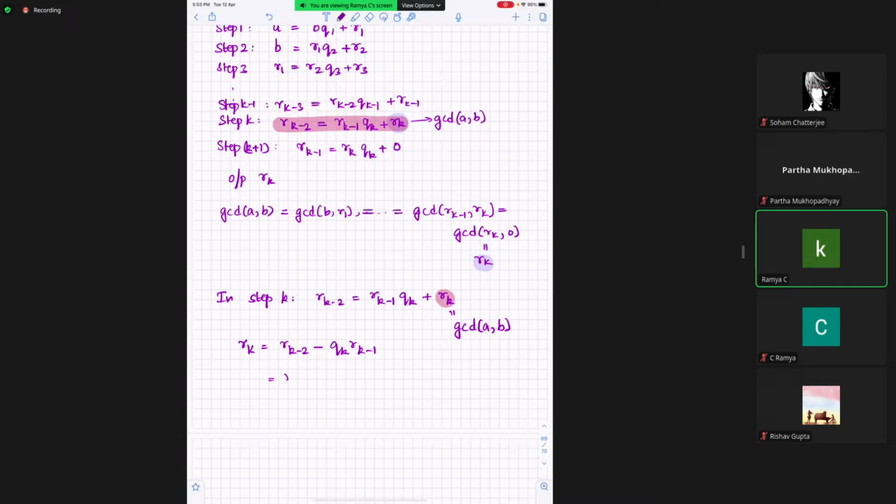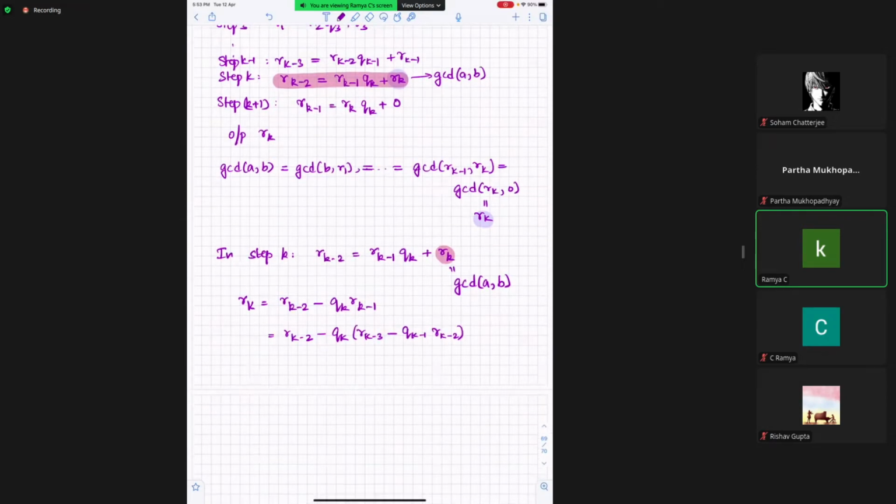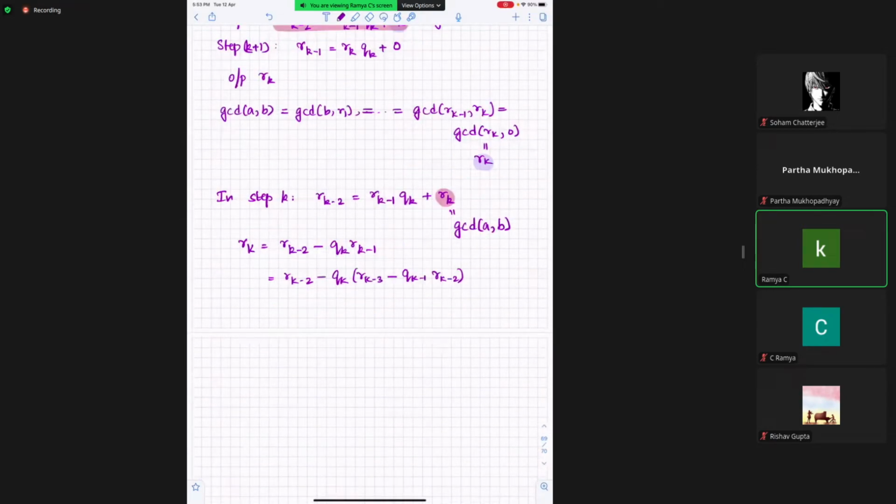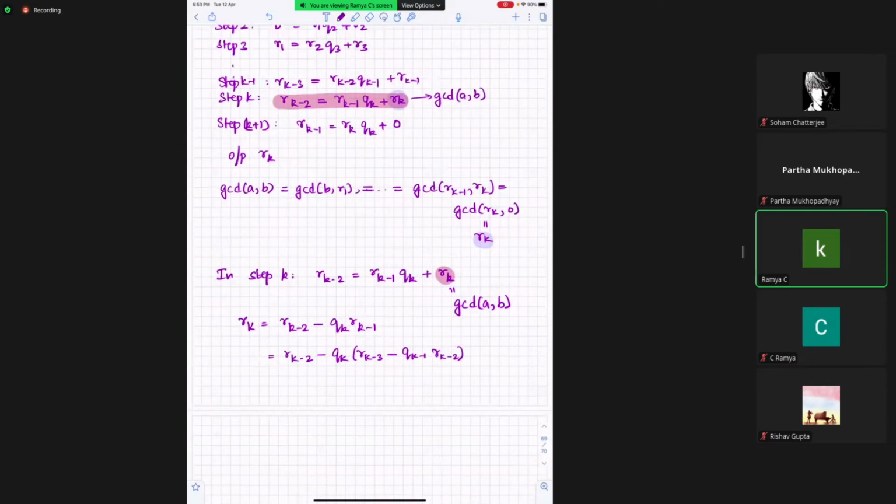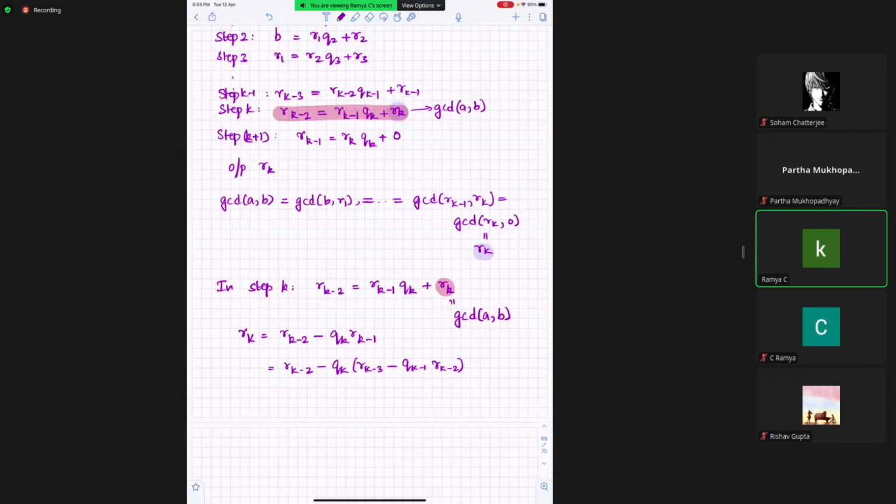So what I have done is expressed the GCD as a linear combination of the previous two remainders. So I've gone one step up. Now it should be clear what you should do to express the GCD of A and B as a linear combination of A and B.